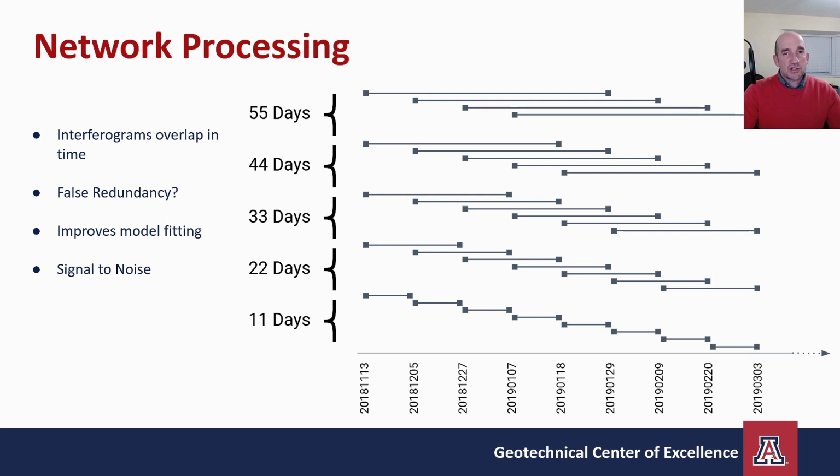But as long as you don't skew the statistics, it's fine to do this, and doing so can help with fitting models. Displacement in a 55-day interferogram ought to be 5 times stronger than in an 11-day interferogram, for instance.